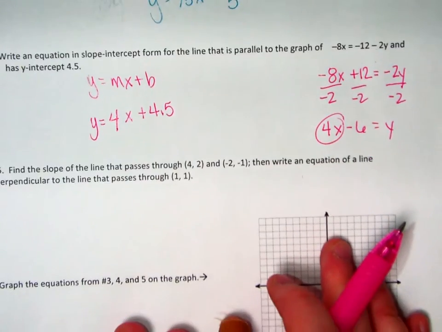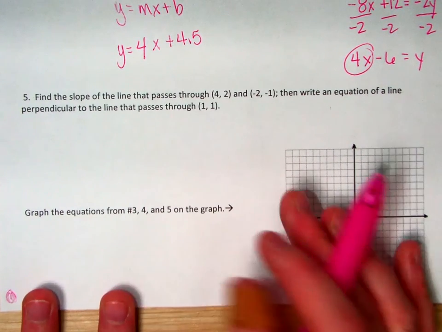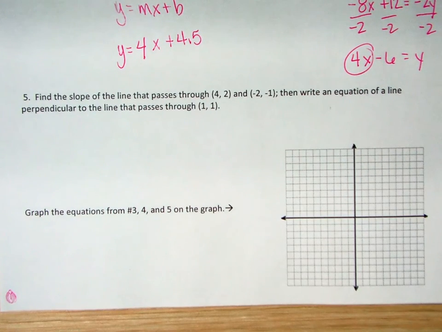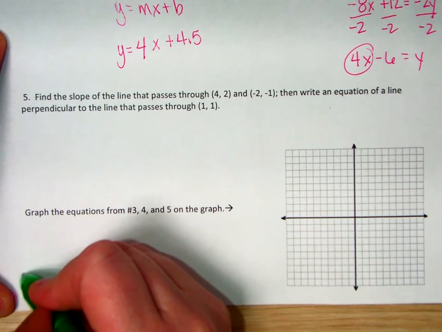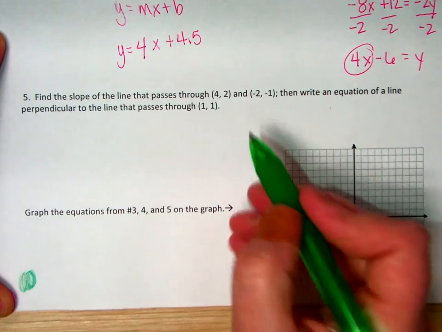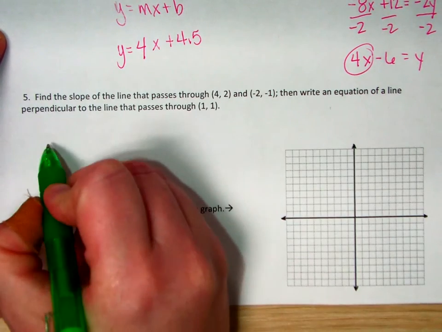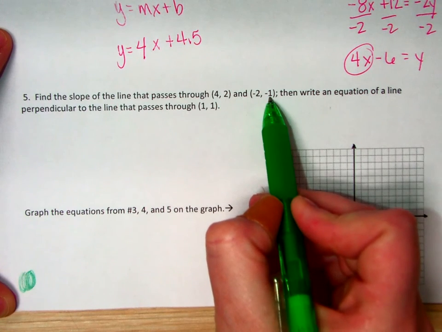The next problem: find the slope of the line that passes through these 2 points, and that is perpendicular to the line that passes through this. So first thing I'm going to find is the slope. I always go left to right, y's first.